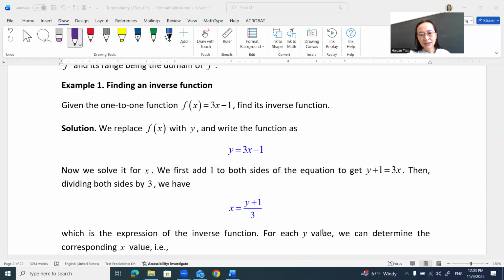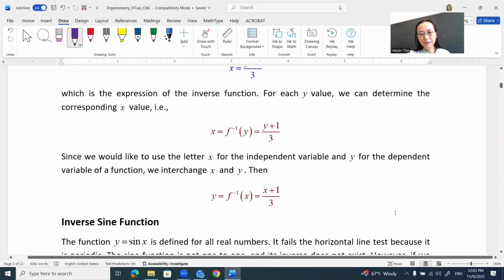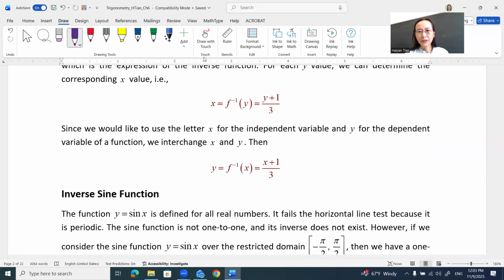And then see the inverse as a function of y, right? x, that's the inverse. But we now change the name. We write the inverse function as a function of x.